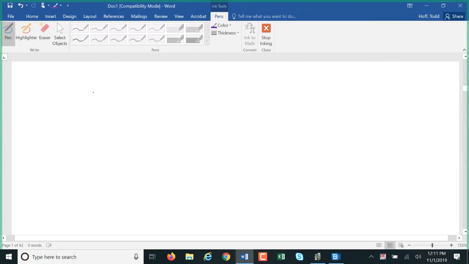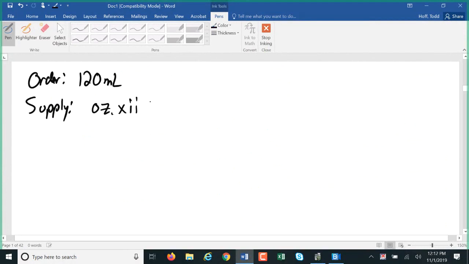Let's say that we have an order for 120 milliliters. Our supply is an OZ XII bottle.